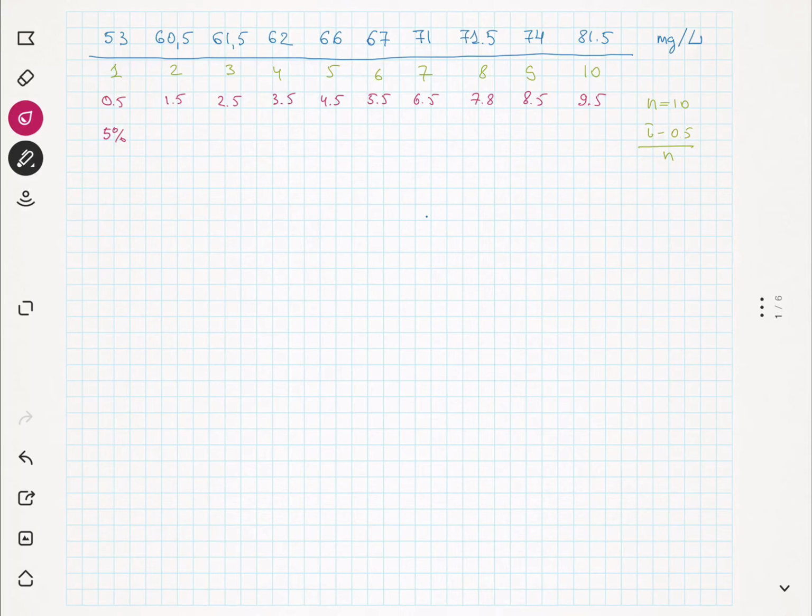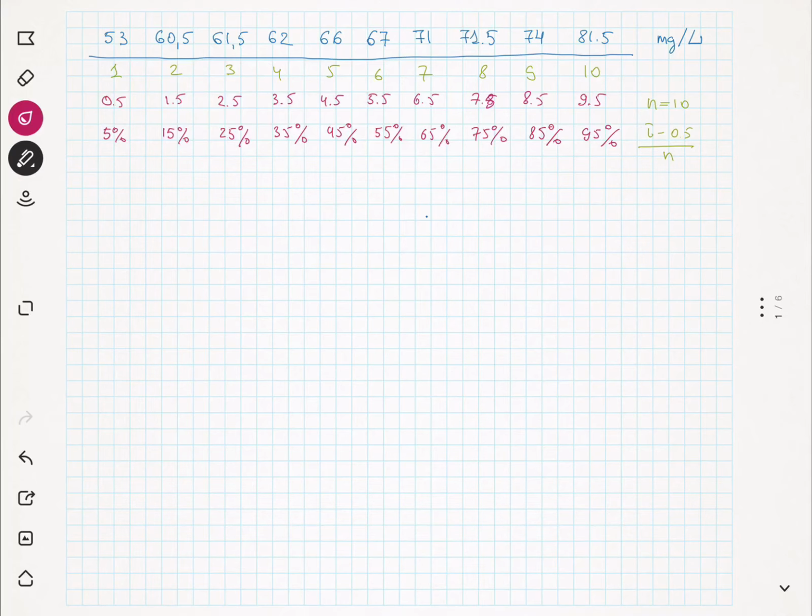Similarly, we have 15% here, 25% here, 35% here, 45%, and so on. And of course this is 65, not 68. So 75%, 85%, and 95%. Okay, so these are sample quantiles.